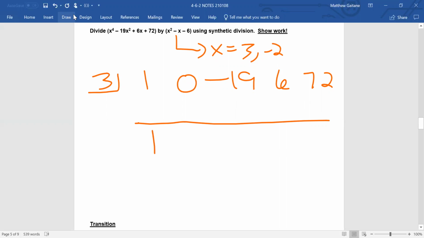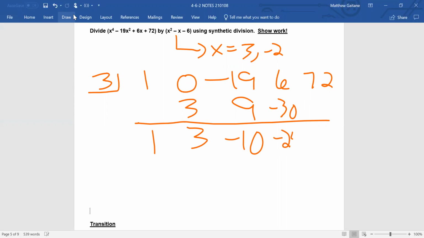You go 1, then times 3 is 3, 3 times 3 is 9, added to -19 is -10, and then -10 times 3 is -30, added to 6 is -24, and then -24 times 3 is -72. So you get a remainder of 0.